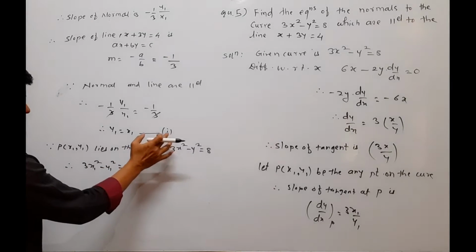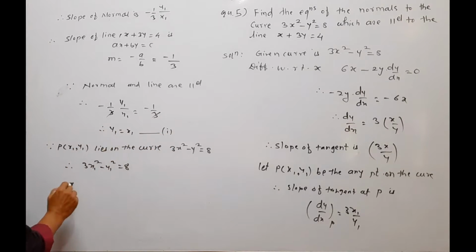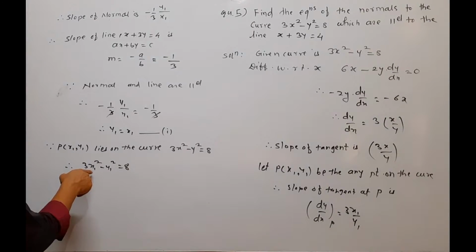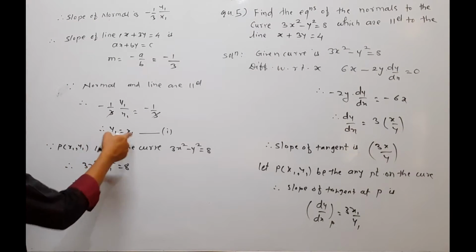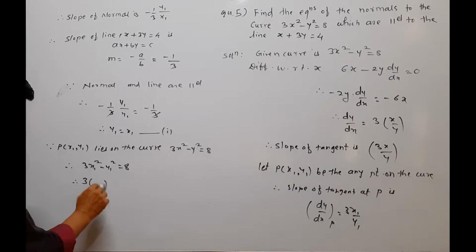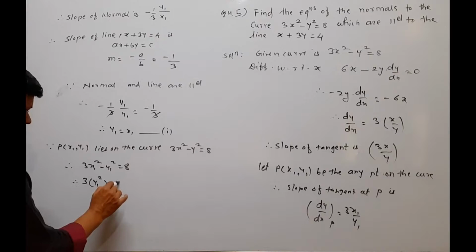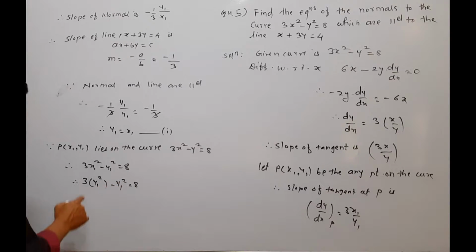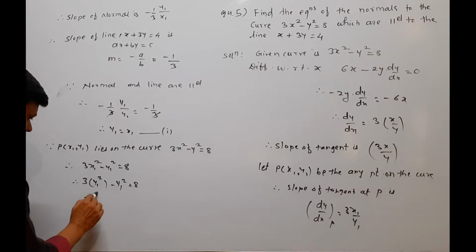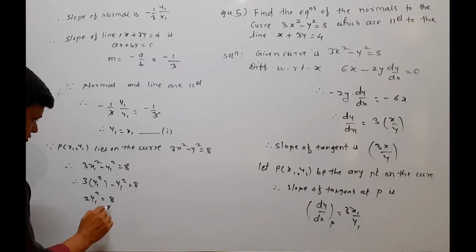And now from equation 1, we have x1 equals to y1. So write this x1 as y1. So we write here 3 into y1 square minus y1 square is equals to 8. So 3 times y1 square minus y1 square, we get 2 times y1 square is equals to 8.